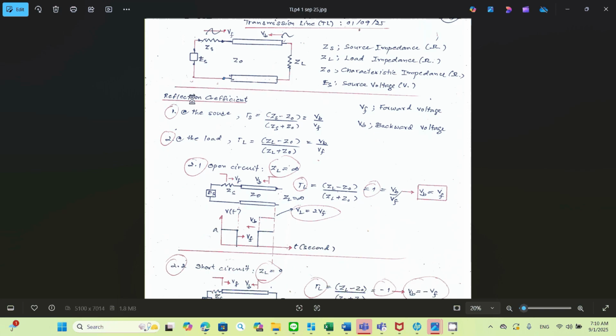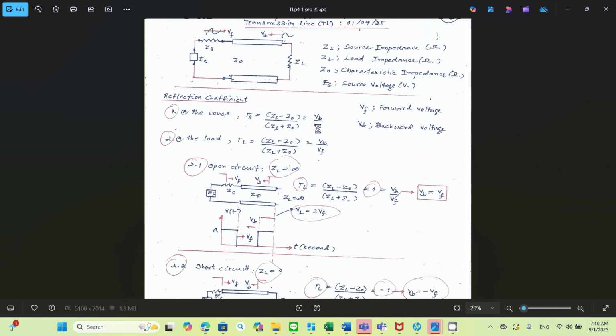That means you want the reflection coefficient to be 0. By definition, at the source, the reflection coefficient, with subscript S standing for source, equals (Z_S minus Z0) divided by (Z_S plus Z0), and that's equal to Vb over Vf.